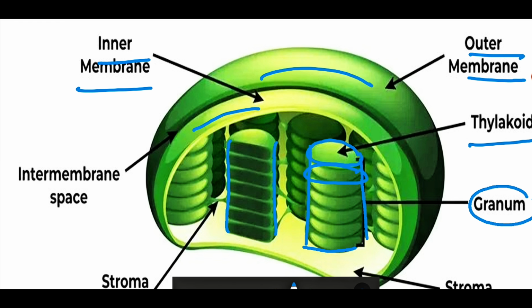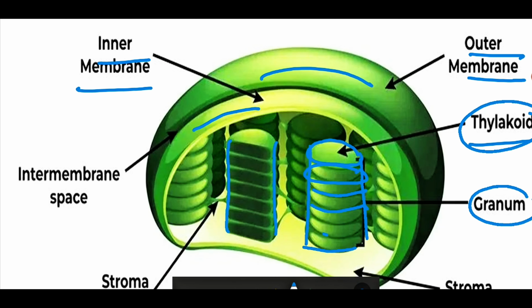So in this chloroplast structure, you can see there is a thylakoid, and this thylakoid has a stack. A one word question can come like this, you can note it down: a stack or pile is known as grana.